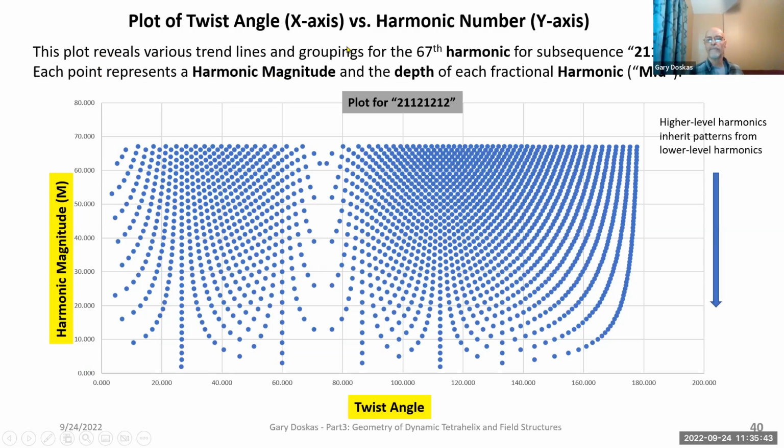And this is a plot for the 67th harmonic for this subsequence. So it's a very long chain of elements, and this plot actually contains about 2,400 data points. Now you can start seeing some interesting groupings and trend lines here that have a unique fingerprint for this particular subsequence.